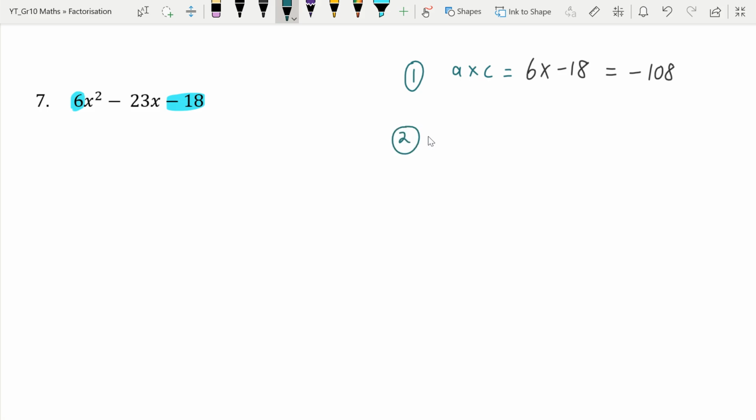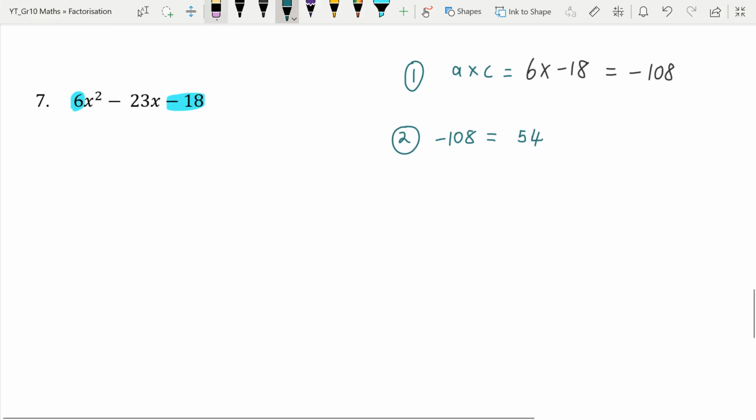Okay, second step. What do we need to do? We need to take this negative 108 and write down its factors. I'm not going to worry about the signs just now.